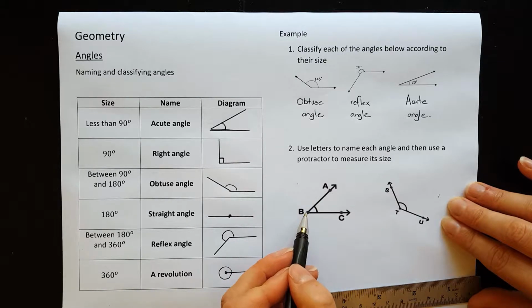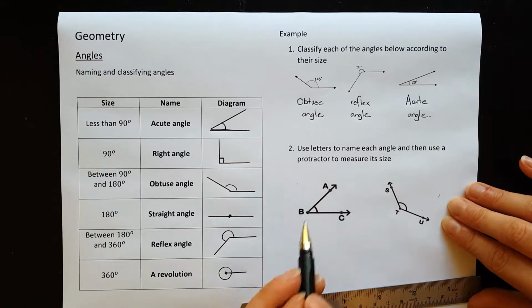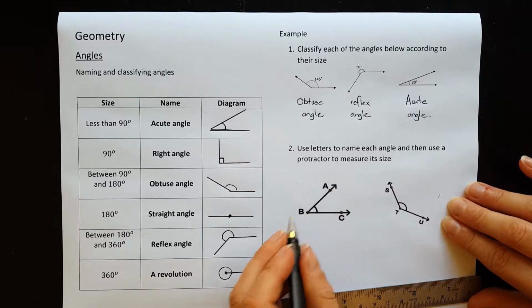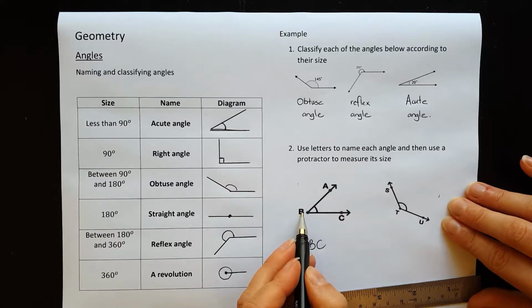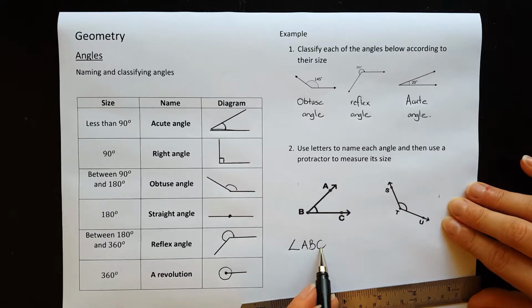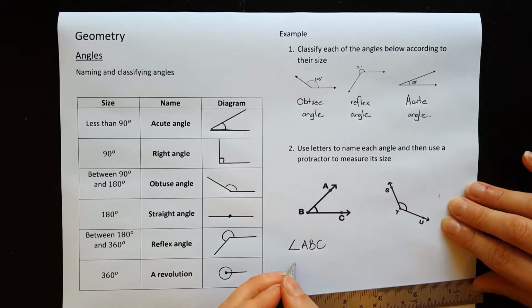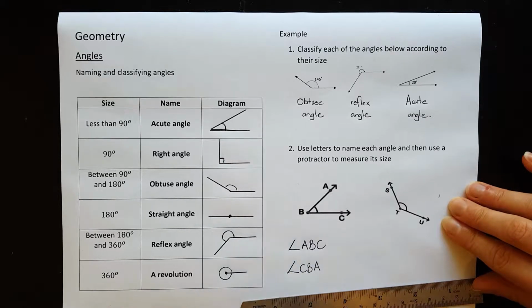The letter that is at the vertex must be in the middle of the 3 letters, and then we put one of these letters on either side. For example, this angle here is angle ABC, because the B is where the point is. It is in the middle between the A and the C. You could also have called that angle CBA. That would also be correct, as long as the B is in between the A and the C.